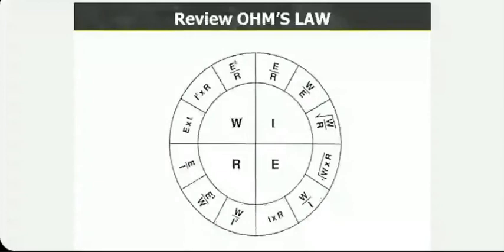For DC, that doesn't matter. Current is either V divided by R or W divided by V or square root of W divided by R. Voltage is either I into R or W divided by I or square root of W into R. I hope he's correct. I think he is. And similarly, resistance is either V divided by I or V square divided by wattage or W by I square.